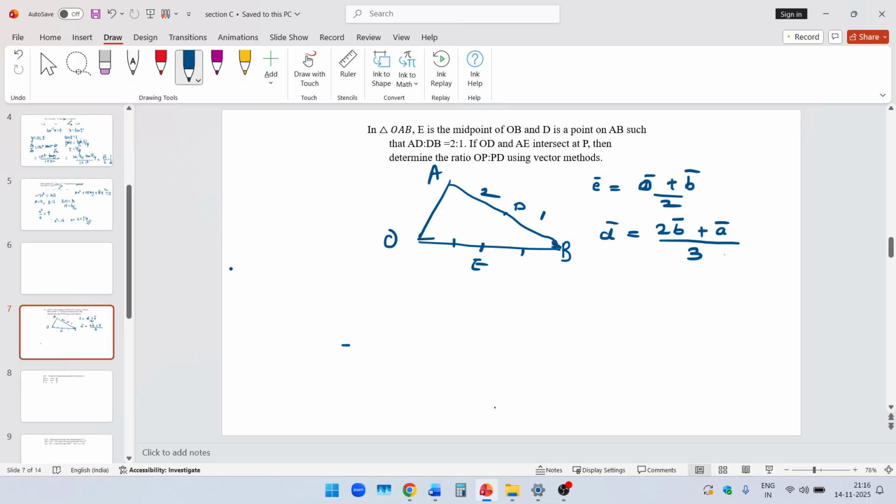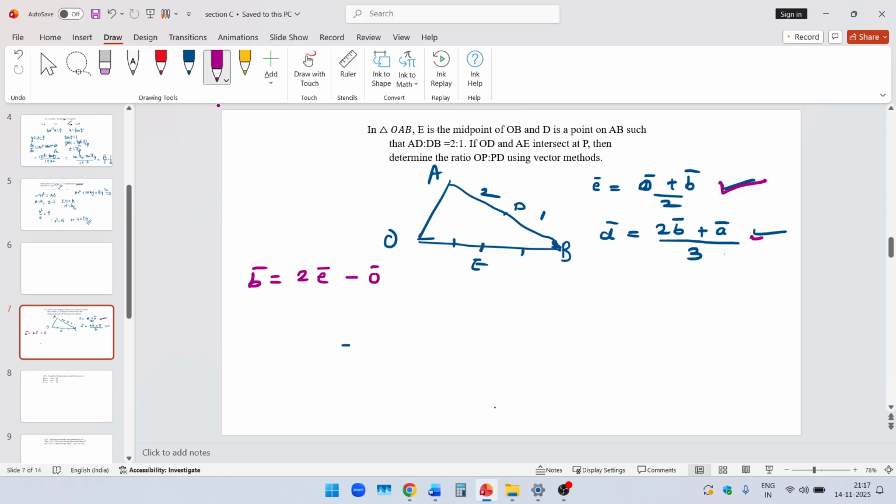Now I can see here that B is the common point between AB and OB. So I can bring both of these formulas in terms of B. So now let me put it in terms of B. For the first formula, B bar is equal to 2 times E bar minus O bar, right?